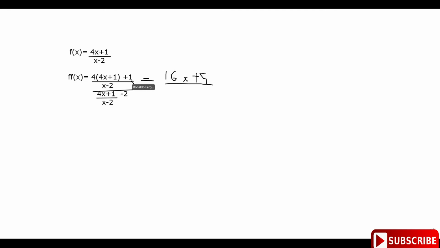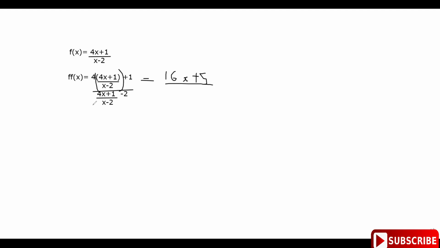So I shouldn't have written it like this. Let me narrow this down. It should have been looking like this. Need to show the x. All of this is the x.